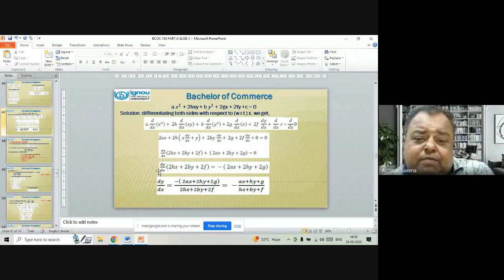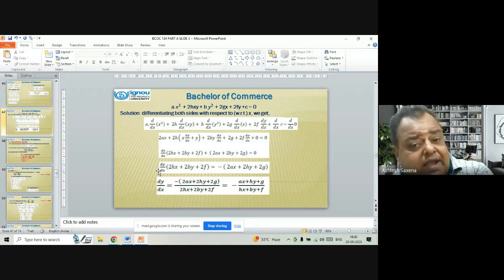We will be differentiating both sides with respect to x. When we will be differentiating ax square, a is a constant, a will come in front, and we will be differentiating x square. Then we will be taking 2h common, and we will be differentiating xy together.